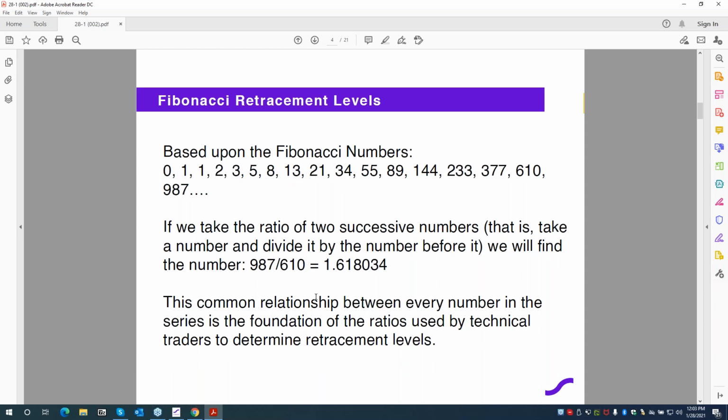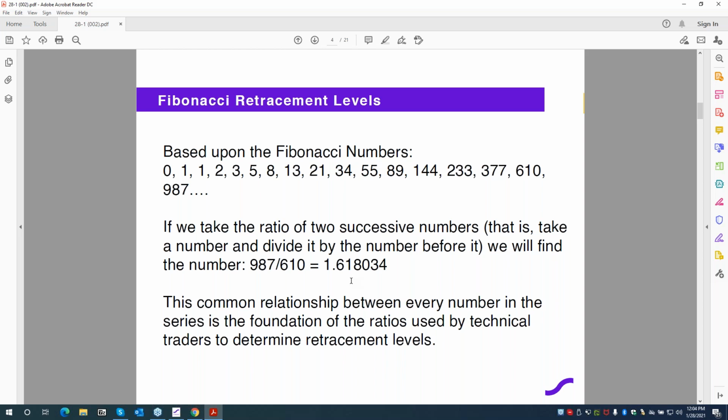If we take the ratio of two successive numbers, taking any two numbers except for 0, 1, and 2, so we're starting from 3 and 5, in order to create the Fibonacci retracement levels. We'll show you further down what I mean by these levels and how to calculate them.